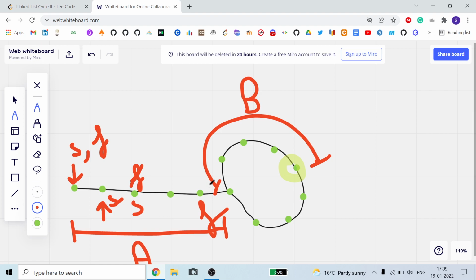Suppose this is the node from where our cycle starts in the list, then our f will iterate into this node before our s. Suppose this is the node in our linked list where our s and f will meet.